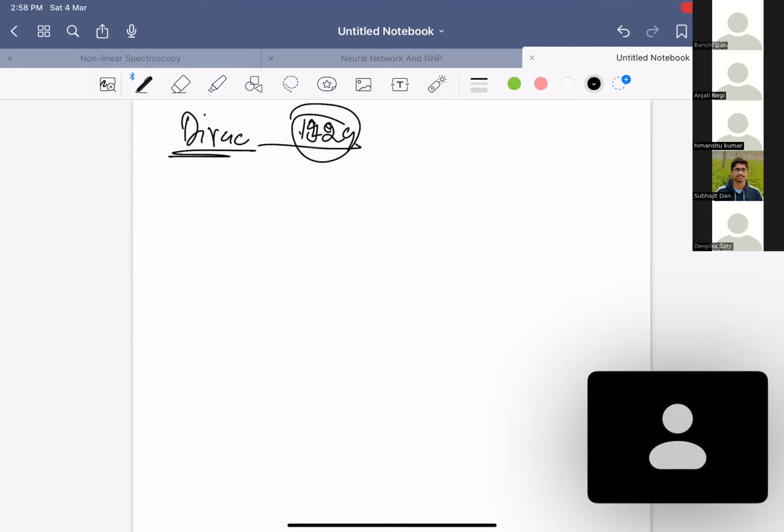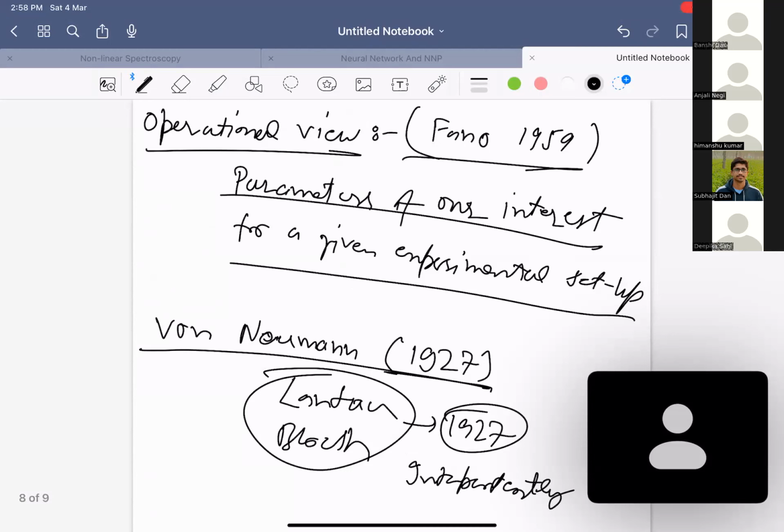But how did this idea develop? First, why is it needed? As I mentioned, we cannot describe a mixed state with a single wave function. So in that case, we need this density matrix. To introduce these statistical concepts in quantum mechanics, von Neumann formally introduced the density matrix approach.